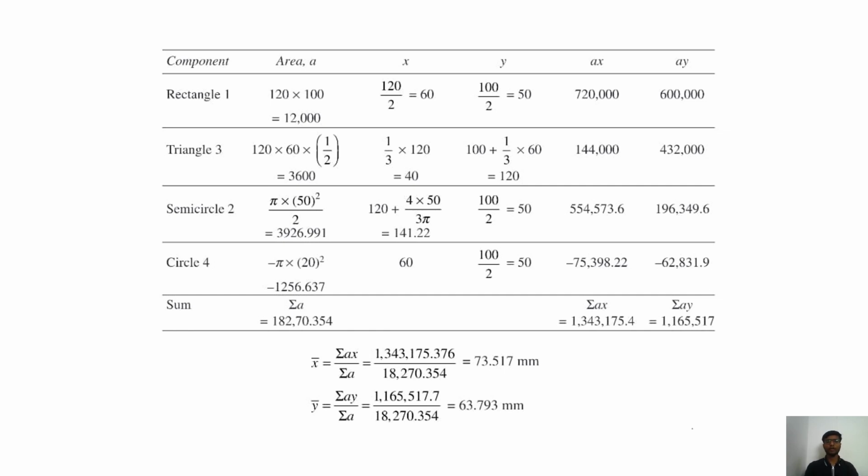The formula to find X bar is summation of AX divided by summation of A, that is equal to 73.1517 millimeters. Then y bar is equal to summation of ay divided by summation of a, that is equal to 63.793 millimeters.